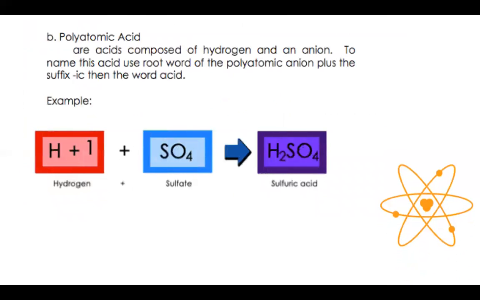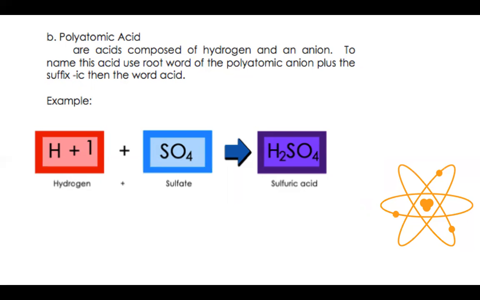Next, you have polyatomic acids, which are acids composed of hydrogen and the anion. So the previous one, the binary acid, has only 2 elements involved. For polyatomic, you have hydrogen plus the anion. So actually this is a polyatomic anion, so it's composed of 2 or more elements.